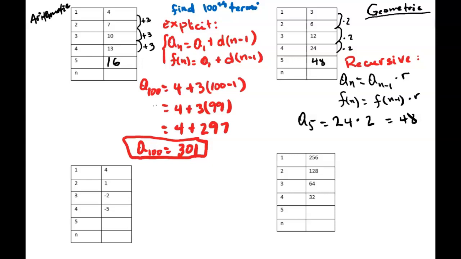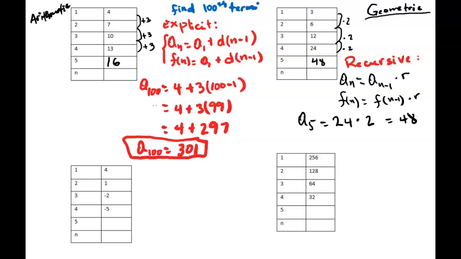Now, for the nth term, let's say n is equal to 20. That means I have to do this step another 15 times before I get to 20. So n can be 20, n can be 100, n can be 1,000.